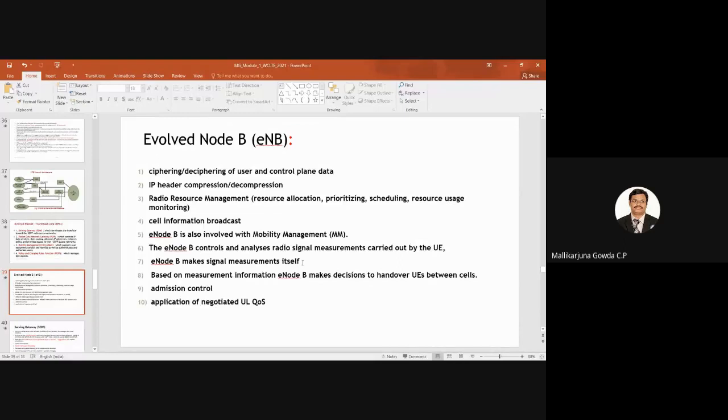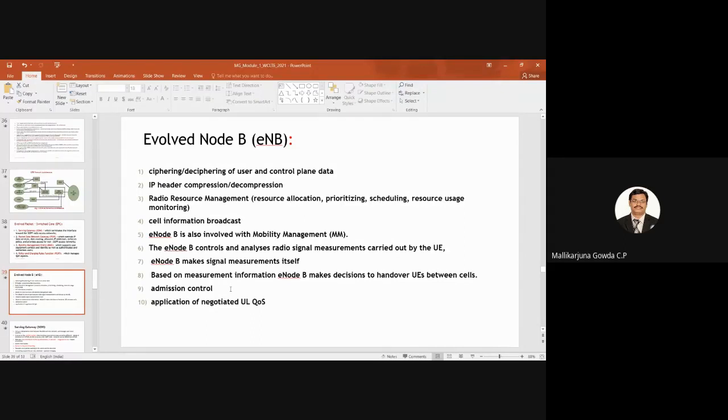Based on that measurement information, ENB can make a decision to hand over user equipments between the cells. As I said, the eNode B monitors the radio signal strength of user equipments and, based on the value, it can take a decision for handovers. It will request handovers from the MME. And it does admission control also.